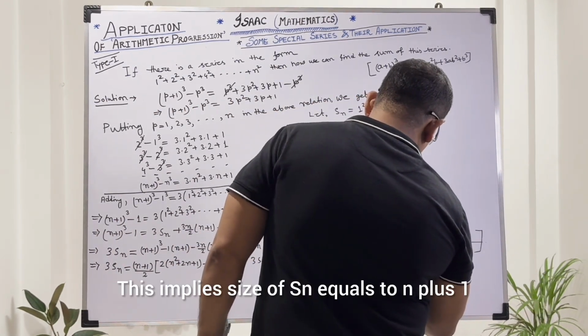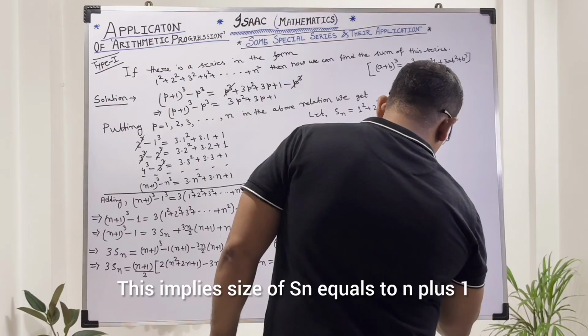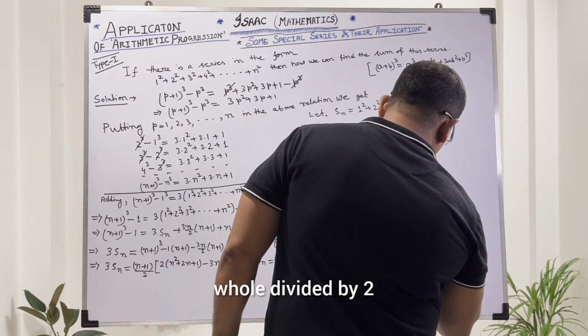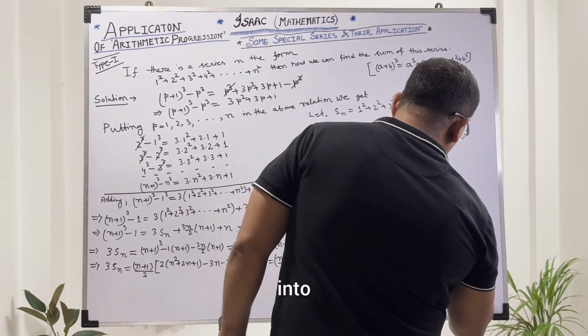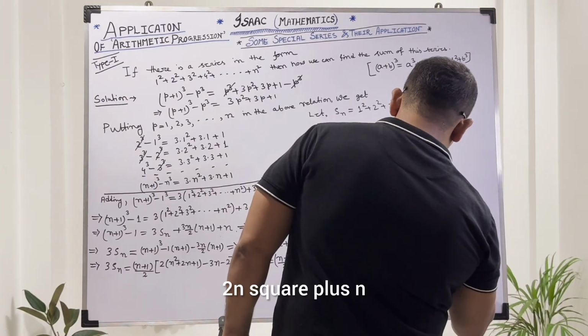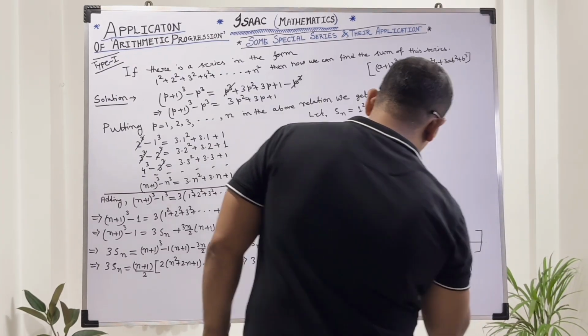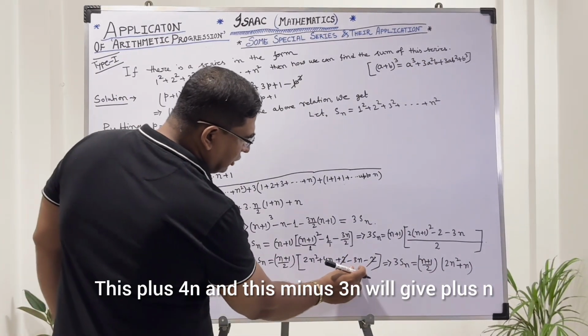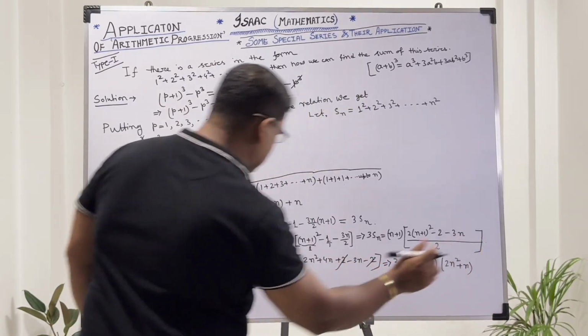This implies thrice of Sn equals (n plus 1) whole divided by 2 into 2n square plus n. This plus 4n and this minus 3n will give plus n.